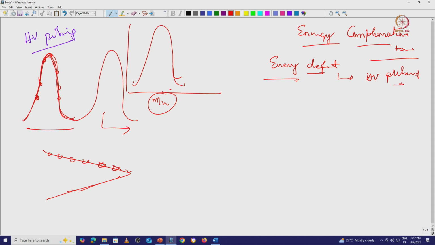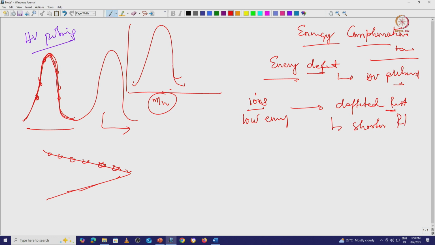Okay, so ions entering the electric field with low energy will be deflected first, and will have a shorter flight path.